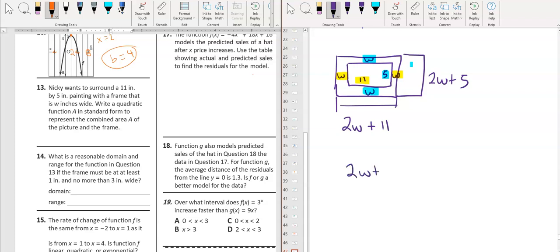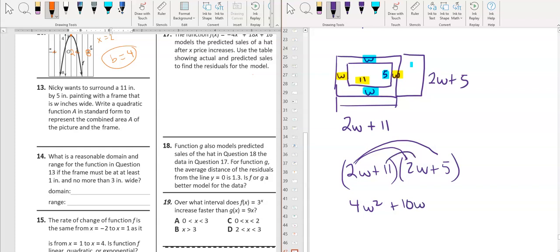Now I have two binomials that I can multiply and write in standard form. So I'm going to FOIL this and get 4W squared plus 10W plus 22W plus 55.